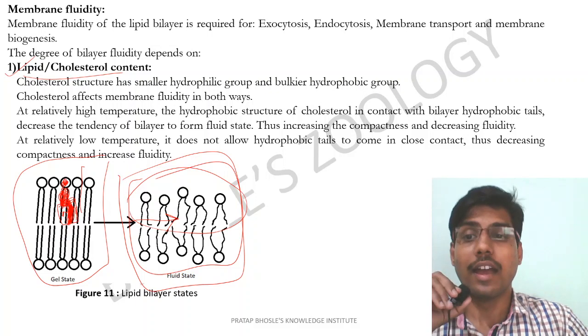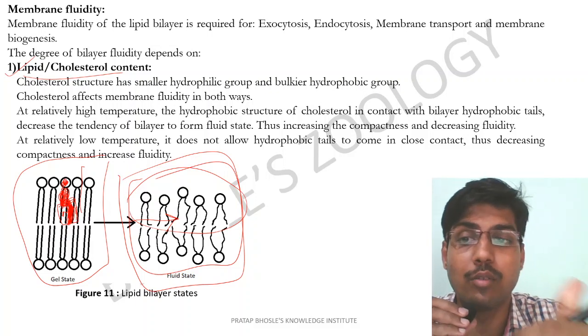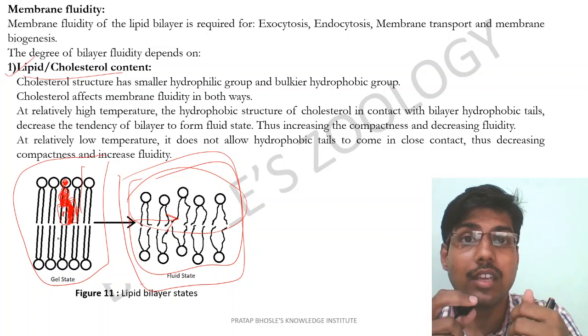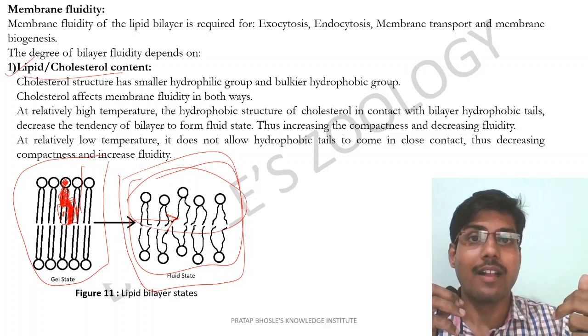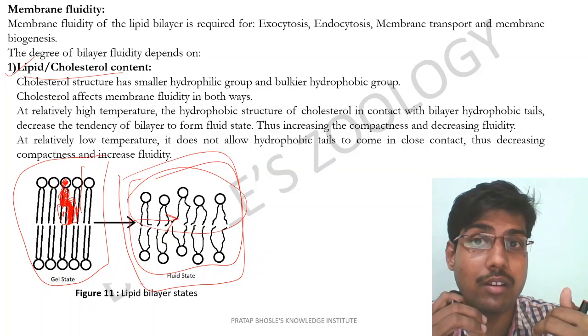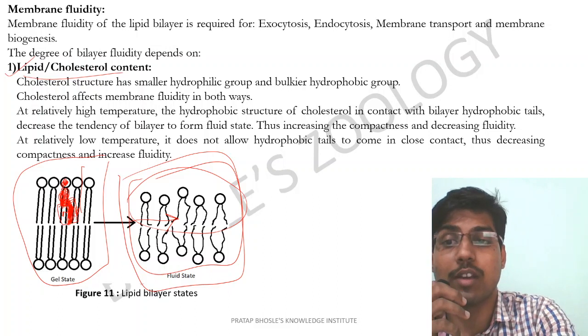Because of that increased interaction between these hydrophobic tails and the hydrophobic tail of the cholesterol, they are not able to separate out from each other. And as they are not able to separate out from each other, the space between them is filled with this cholesterol hydrophobic group.